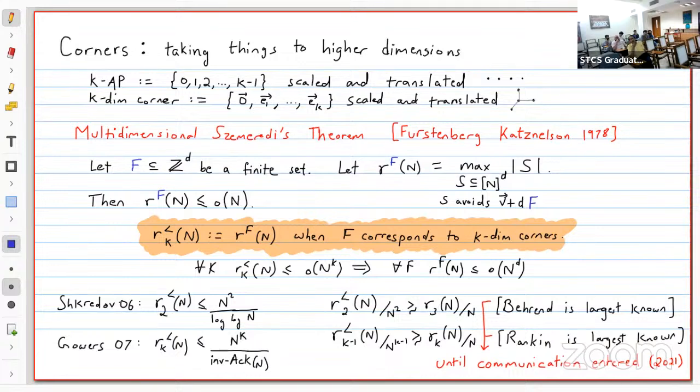Corner-free sets were independently looked at by combinatorialists, at least the things on the left side, that is upper bounds: not constructing large ones, but proving that they can't be too large.